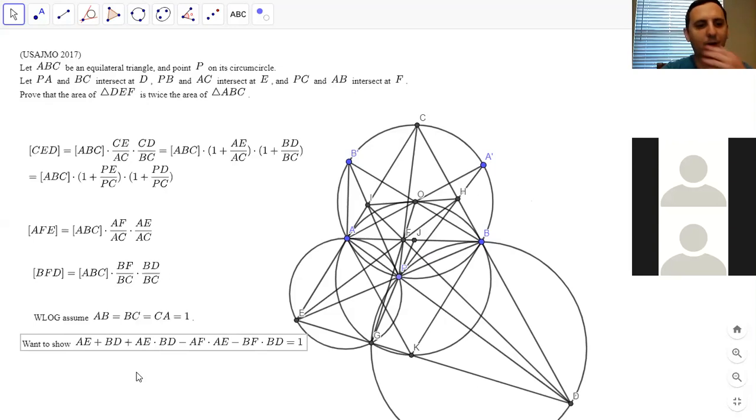Wait, something's weird here. I don't know if I'm missing something. It's correct. Okay, so basically, if we factor out an AE, we get AE times 1 minus AF, and 1 minus AF is BF. So that would be BF times AE.